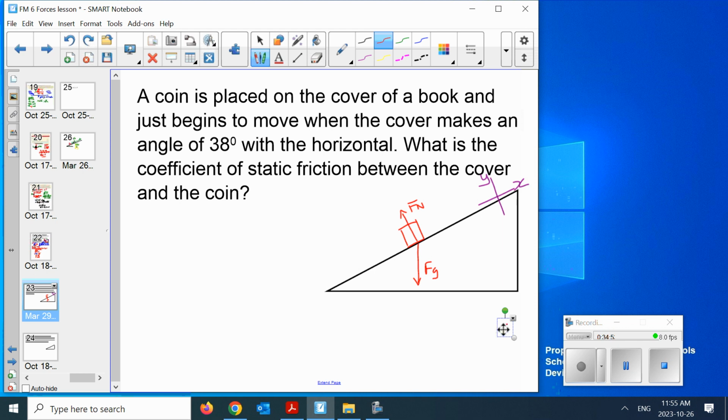This is the normal force. If it's going to slide, it's going to slide down the ramp. The force of friction is against the probable motion. 38 degrees. Coefficient of static friction between the cover and the coin. Okay. It's essentially the same problem. I didn't tell you to break down the weight force, but you've got the weight.